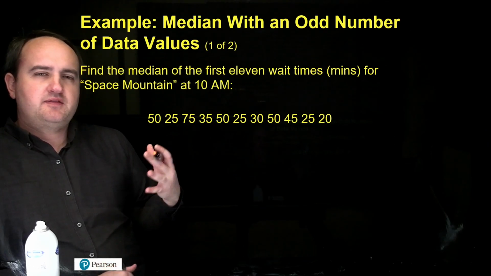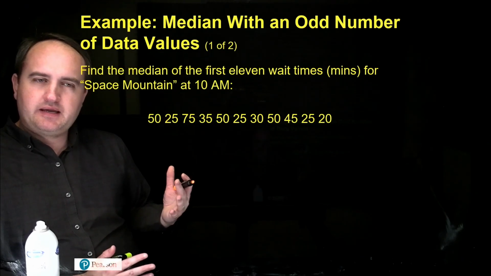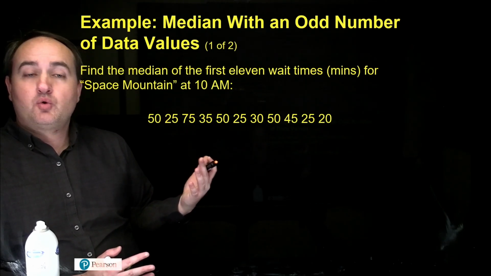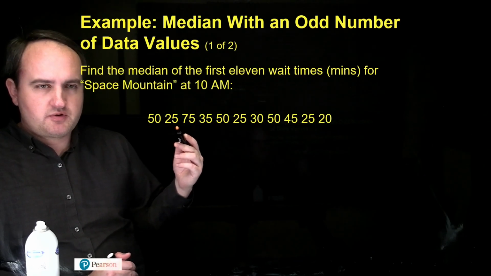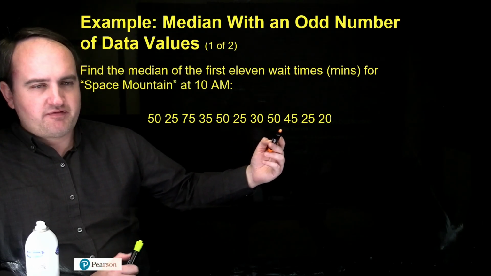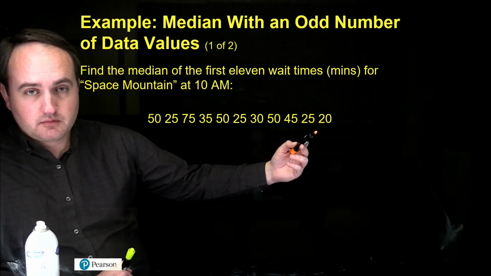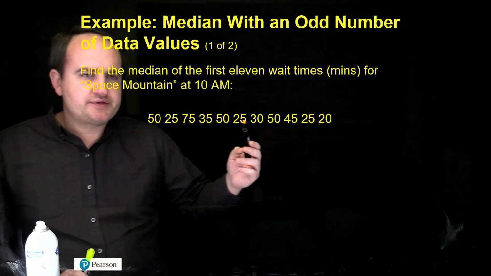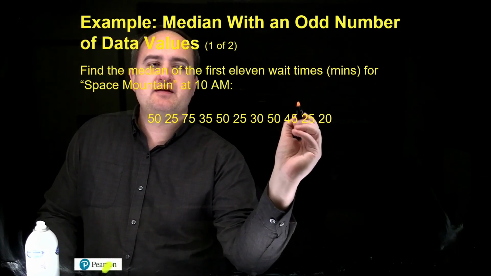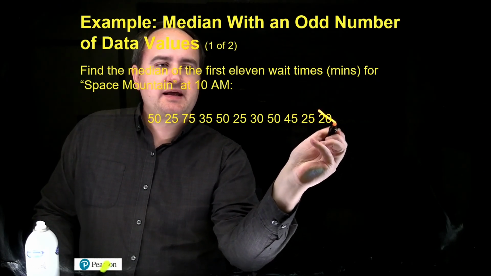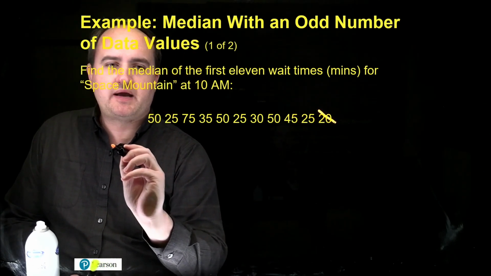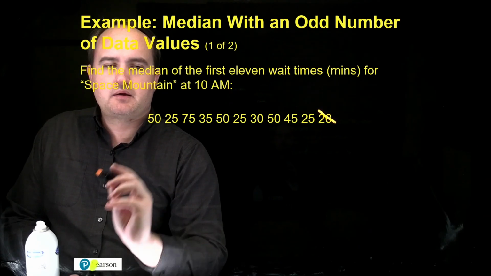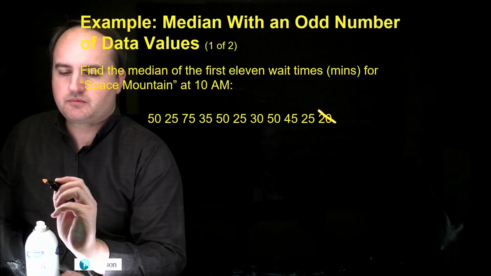So to do that, the most mindless and easy way to put the numbers in order is to just look through the numbers and first identify which one is smallest. Okay, and then whatever the smallest number is that you see in all the data values, you cross it out and then you write it down. Okay, actually let me write it down here so I have lots of room.